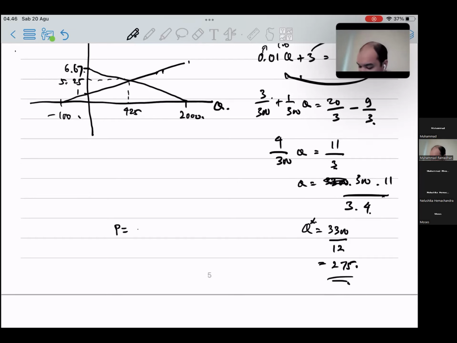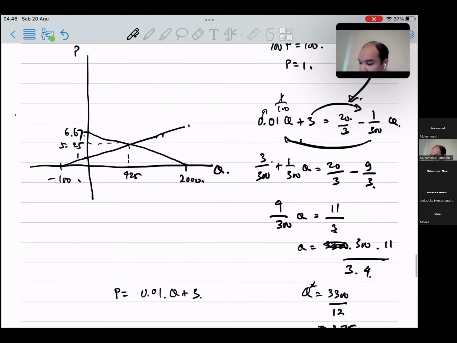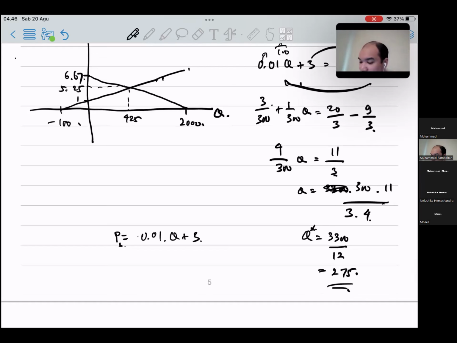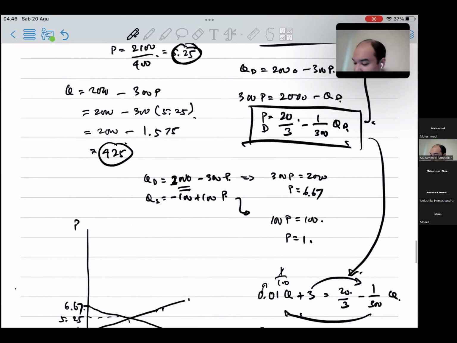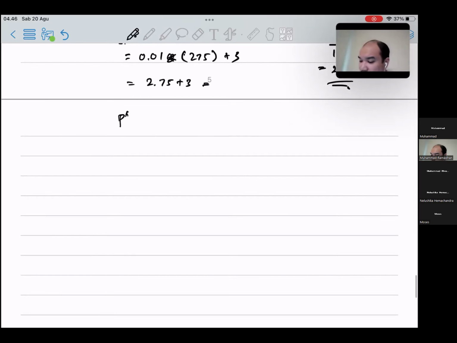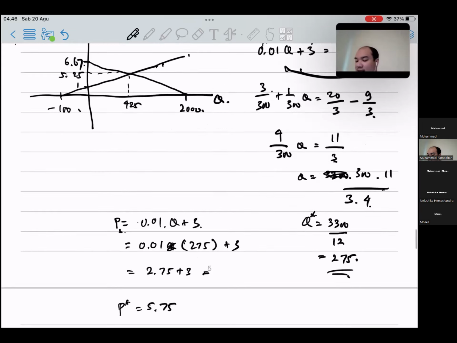If you put 275 in for Q in the new supply function, you get 0.01 times 275 plus 3, so 2.75 plus 3. So the new equilibrium price is 5.75. Okay.